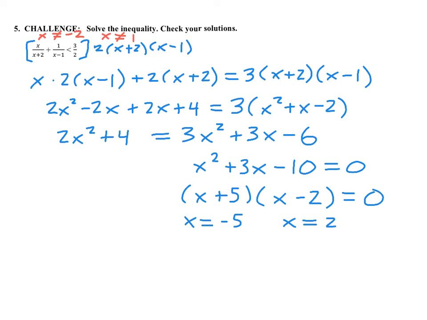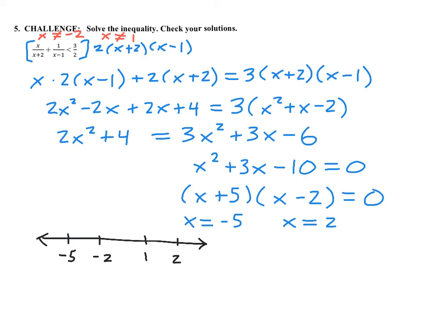So then we make our number line. And it looks like we have 4 numbers that we need to put. So the smallest of these 4 numbers is -5, followed by -2, and then positive 1 and positive 2.